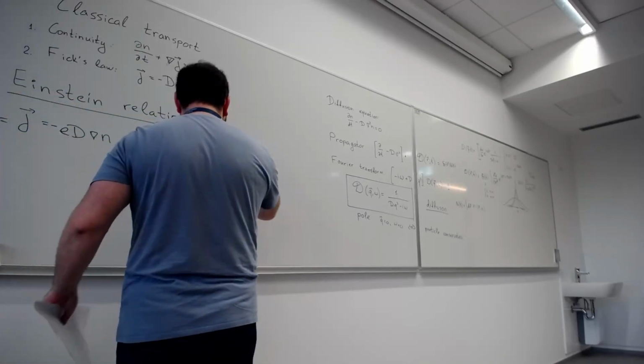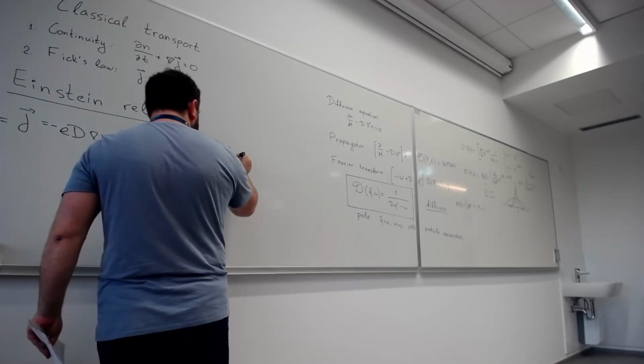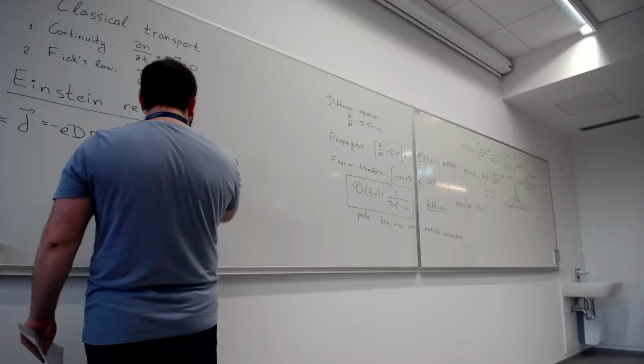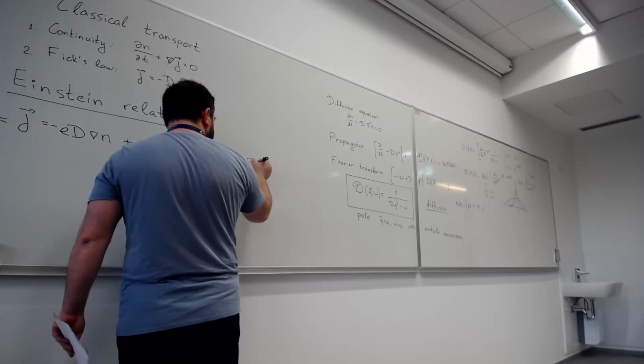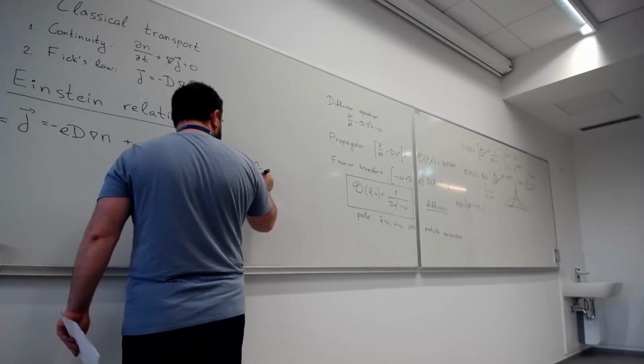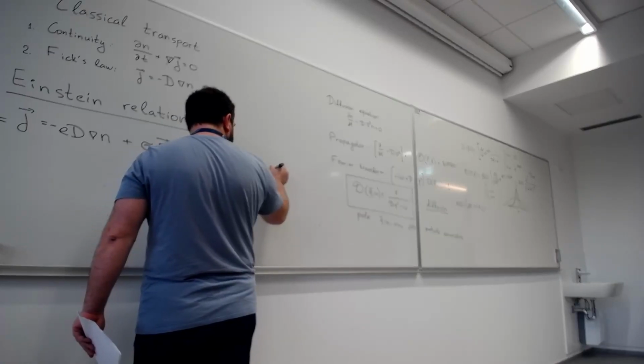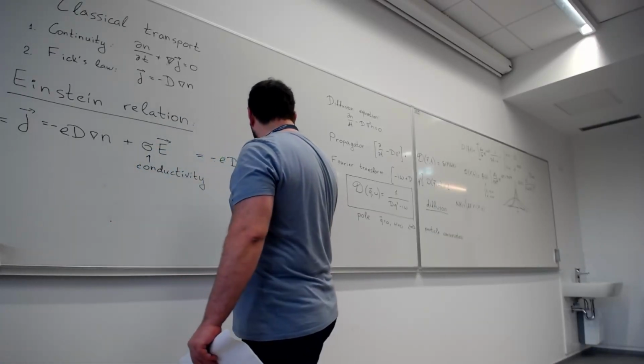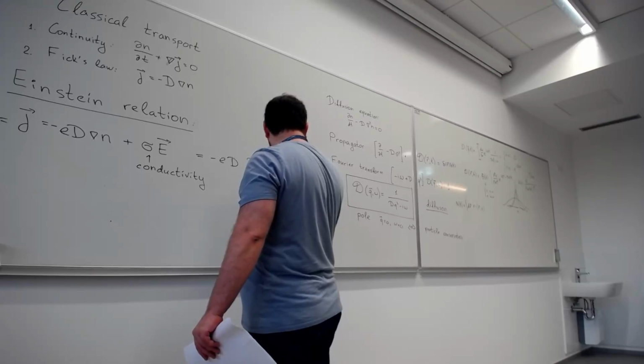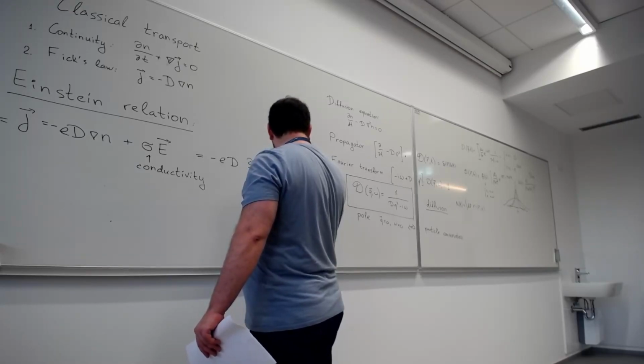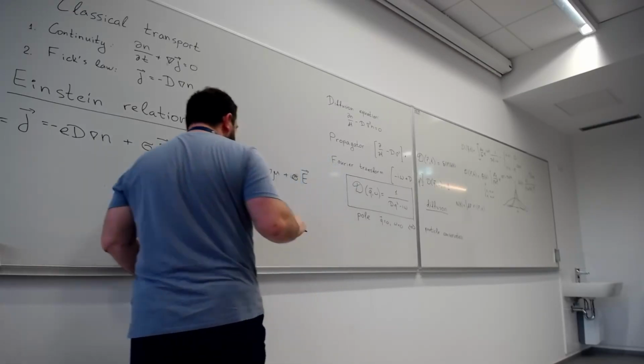I will see in a minute how it happens. So the gradient of n can be replaced by dn over d mu, gradient mu, and sigma times the electric field is the same.